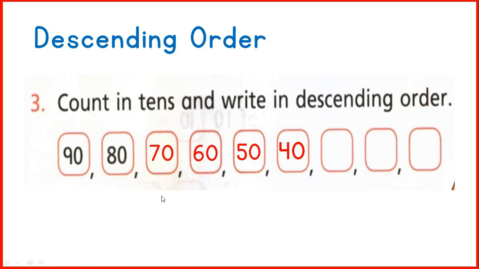Then which 10 is smaller than 50? 40. Now which 10 is smaller than 40? 30. Now which 10 is smaller than 30? 20. Then what? 10. Yes. This is called descending order. 90, 80, 70, 60, 50, 40, 30, 20, 10.